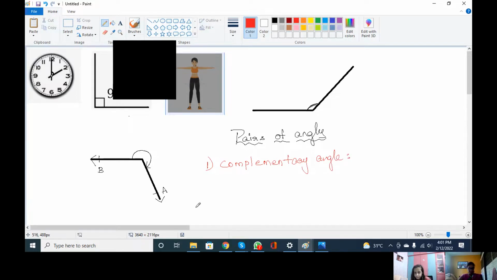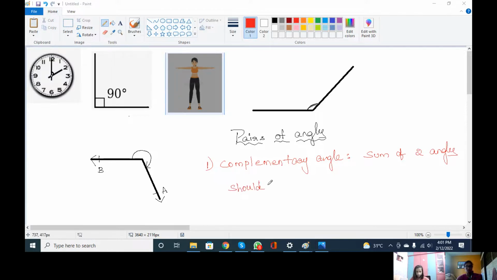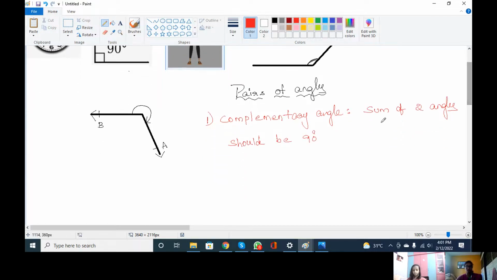What is a complementary angle? Two angles are said to be complementary if the sum of their measures is 90 degrees. The sum of two angles should be 90 degrees. Next example, 45 degrees plus 45 degrees.